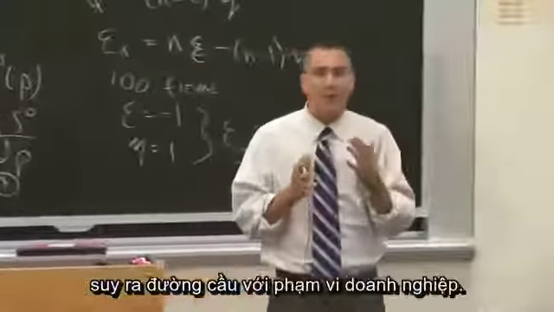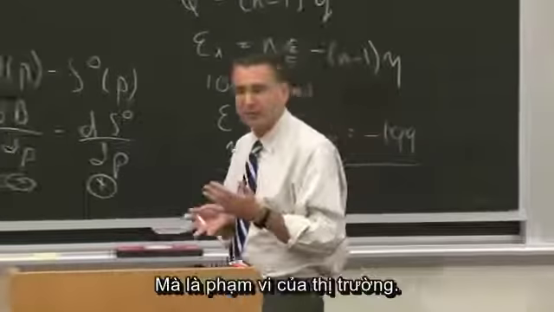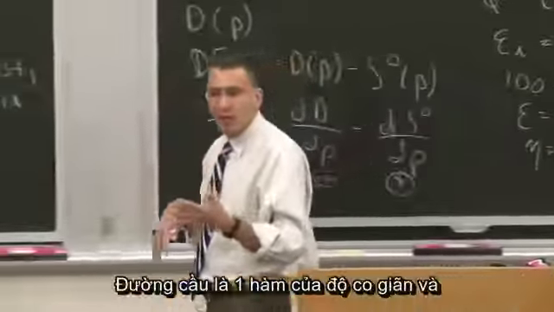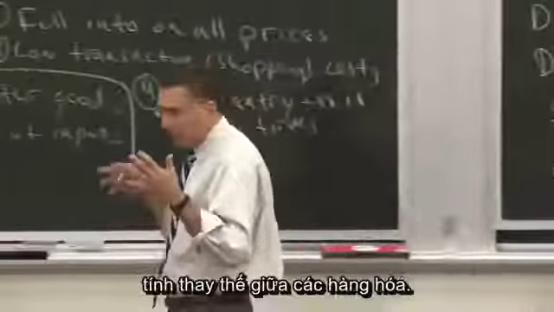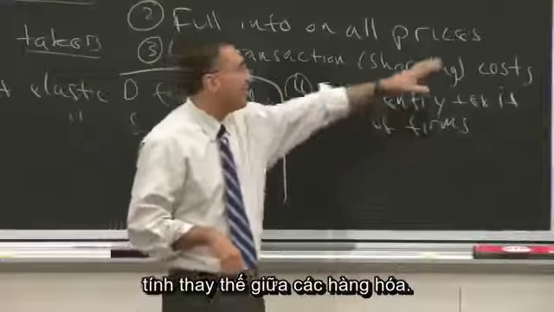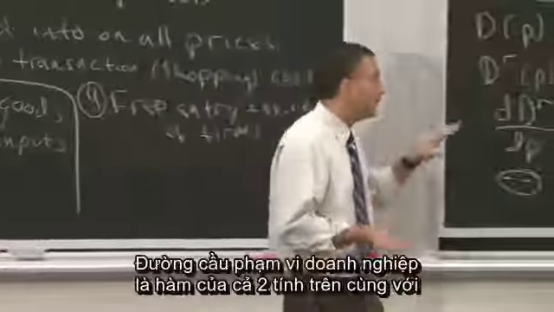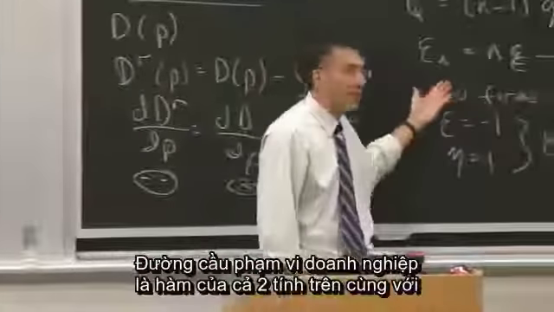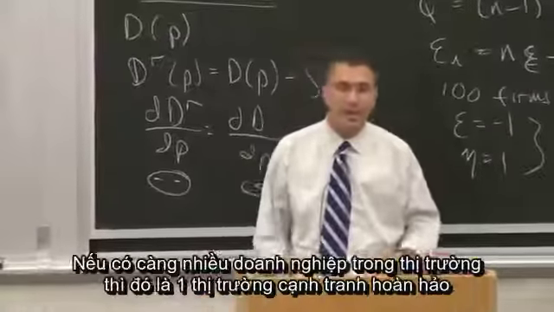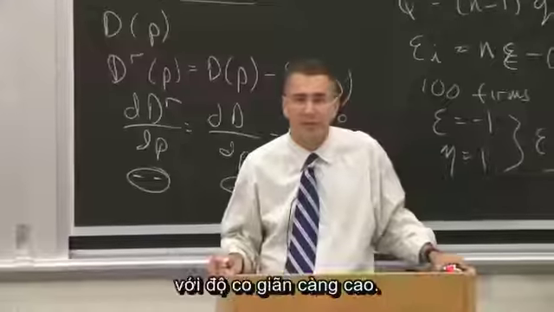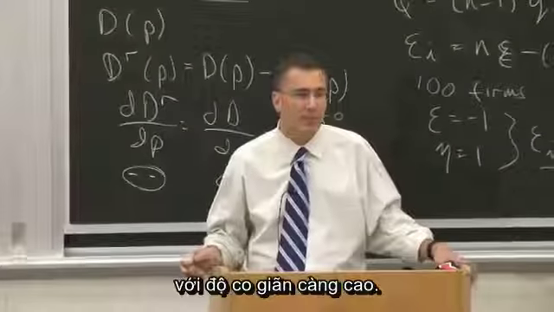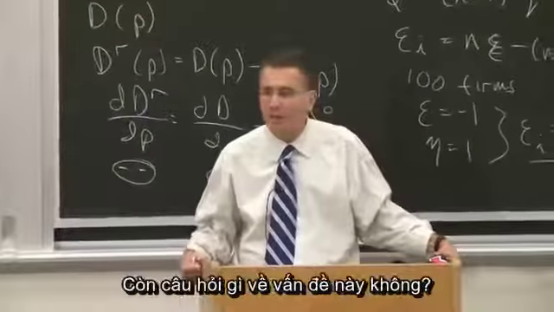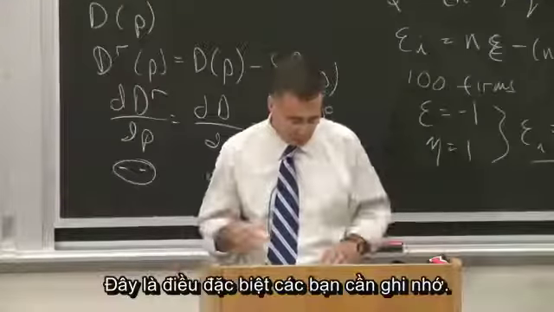We're not deriving firm demand curves, we're deriving market demand curves. The firm demand curve is a function of all that, but also how many firms are in the market. If there are a lot of firms in the market, it's going to be very elastic in a perfectly competitive market. Questions about that? Important distinction to keep in mind.